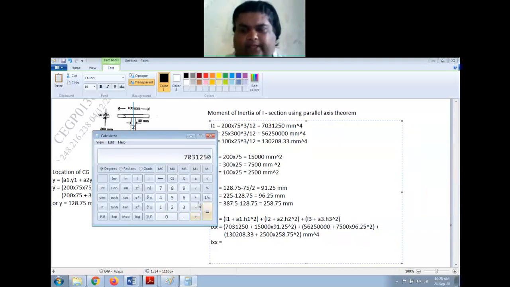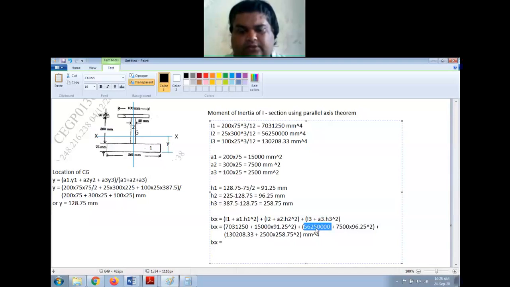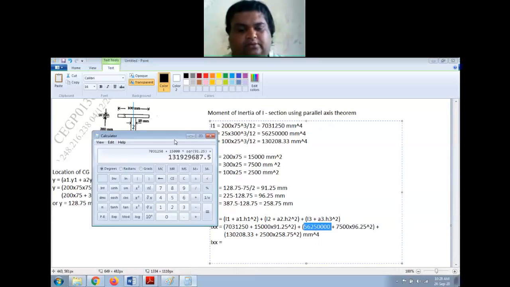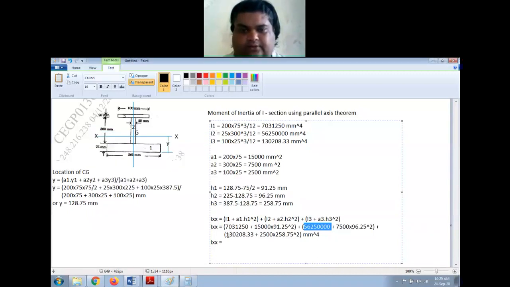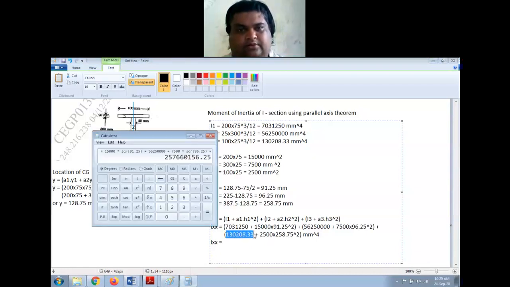I have I1 already plus 15,000 into 91.25 square, plus, just copy this, plus 7500 into 96.25 square, plus, this plus 2500 into 258.75 square.